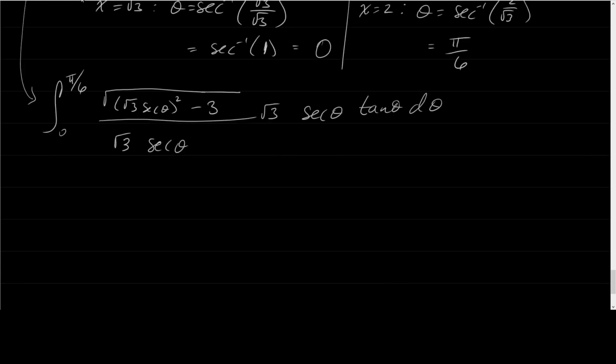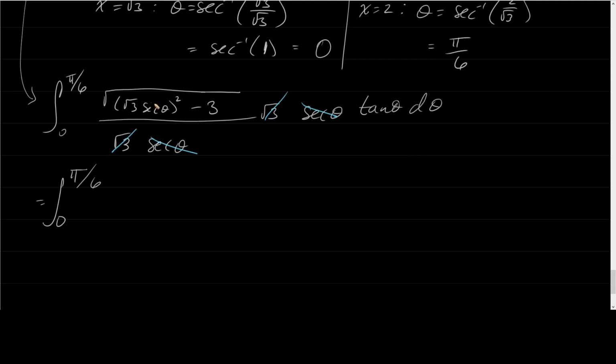And let's simplify this. I see that a few things cancel each other out. Radical 3 and radical 3, secant and secant. And now what are we left with here? Well, we're going to have now the integral. Let me change the color. There we go. The integral from 0 to pi over 6 of, well, perhaps I should simplify that radical first. So let's look at that radical. I'll do it in yellow on the side over here.